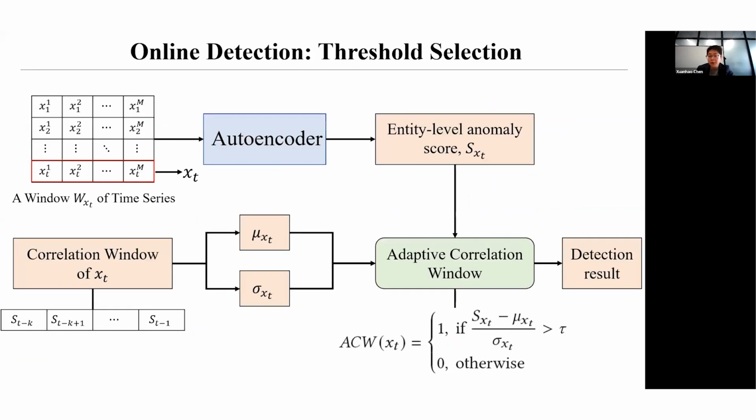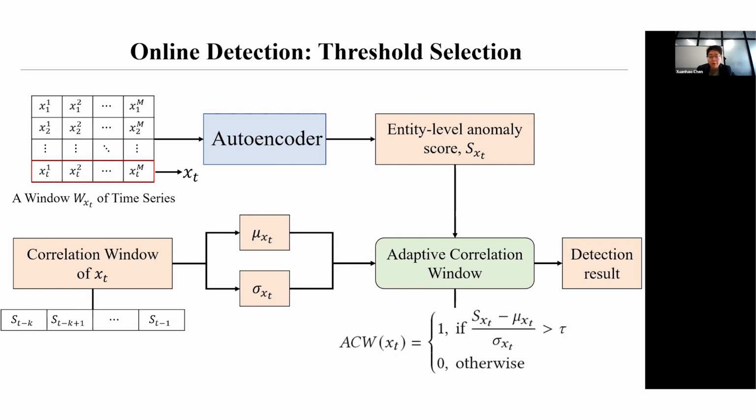After computing the anomaly score, the anomaly score will be sent to the threshold selection module to recognize whether the entity is anomalous or not. Specifically, for each entity, we maintain a window, namely the correlation window, which contains the anomaly scores of historical entities associated with the current entity, and compute the mean and the standard deviation of the correlation window.